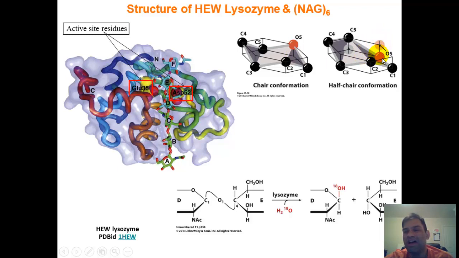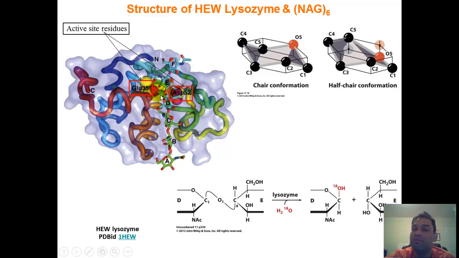When you push the oxygen down, automatically 4 atoms become coplanar. C1, O5, C5, and C2. They actually form a plane. Okay, they actually are in a plane. And that accommodation seems to help in the nucleophilic attack by glutamic acid and aspartic acid.